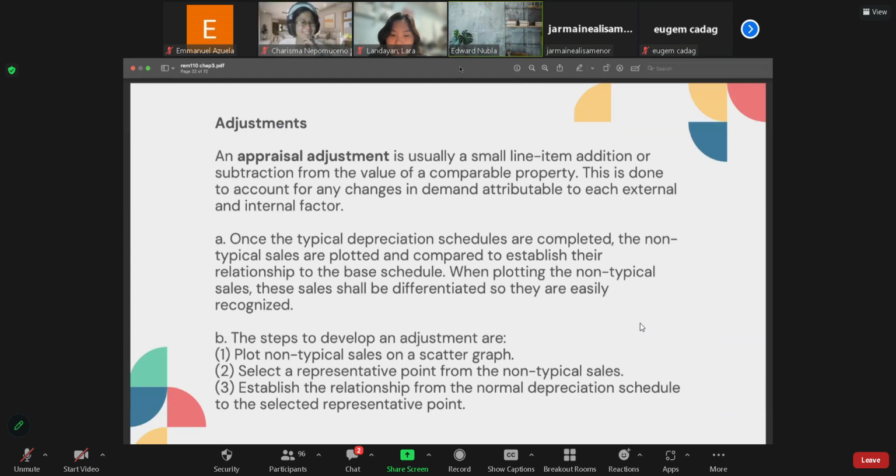Yung economic life fix naman yon. Isa lang yung economic life nung dalawang house na yon, house 1 and house 2. Oo. So, paano masasabi na kasi ni-remodel, ang ilalagay ko dito na effective age is 20 years kahit na 30-year-old na yung actual age.